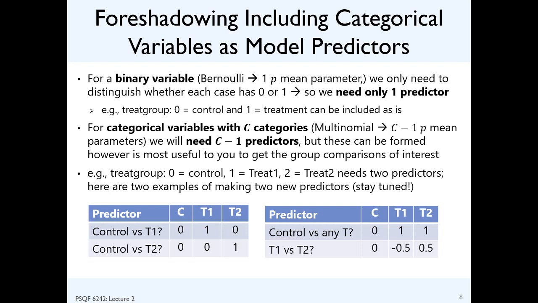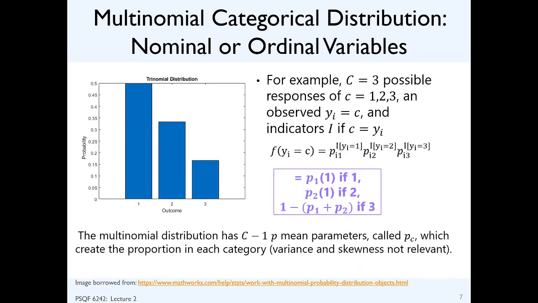But if we have a categorical predictor with more than 2 categories, we can't just put that in as one thing, because there's not just one p that gives us the percentage in each category. There's number of categories minus 1. So in the previous slide, for instance, there's 3 possibilities.